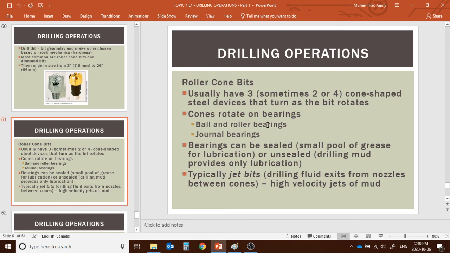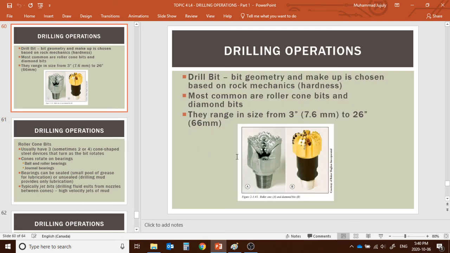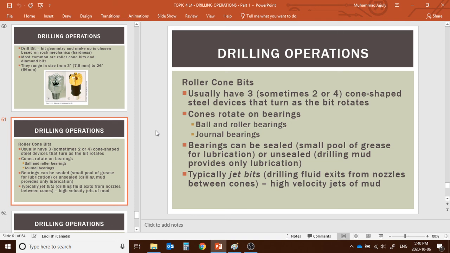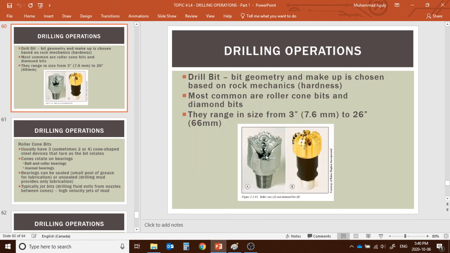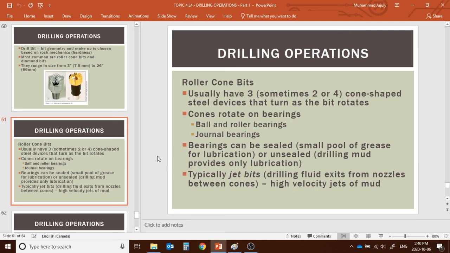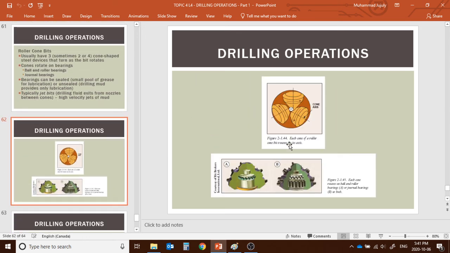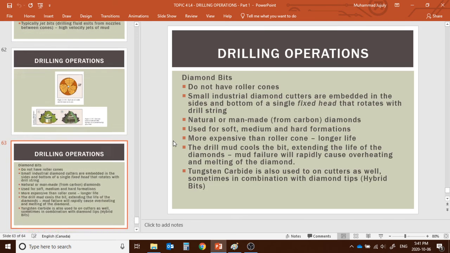The cones rotate on bearings, and then it starts to drill. From the inside there is high velocity. You see this opening here? From here, the high-velocity drilling fluid, typically known as mud, is exerted. This is how it works.